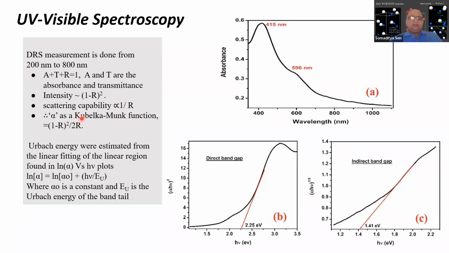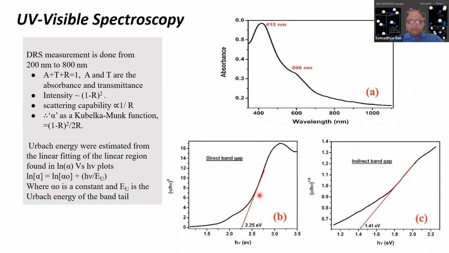So there are theories which can define this type of absorption, and the Kubelka-Munk function is one of them, given by (1-R)^2/2R. We calculate this Kubelka-Munk function, which is equivalent to the absorption coefficient, and we do the Tauc plots for a direct band and an indirect band, and try to find out what type of band it has.